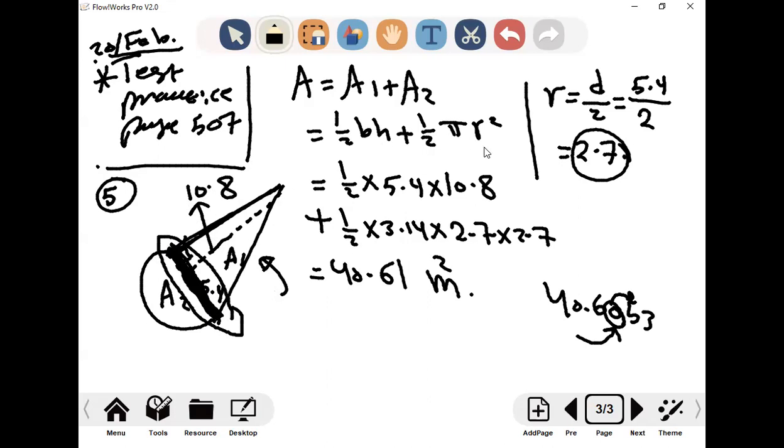But in the area, I need the radius, which means I need to divide the diameter by 2 to have the radius. So I did it, and the answer is 2.7. Now I replace B, H, R, pi by their values. Add, subtract, divide, multiply. The answer will be 40.61. Do you understand, guys?